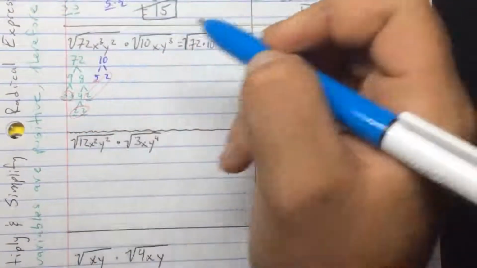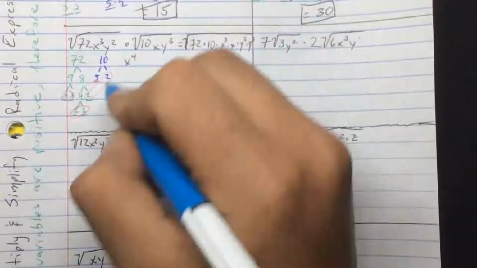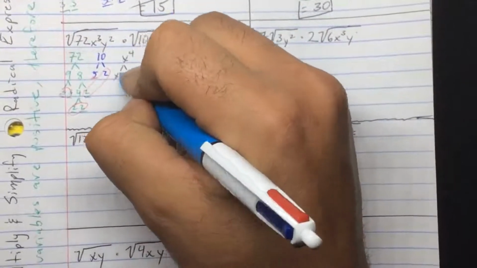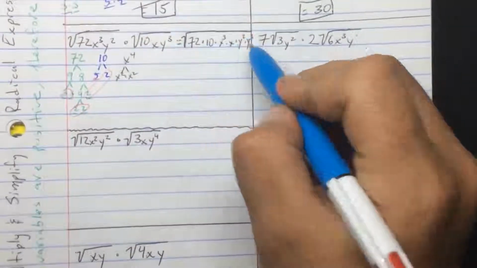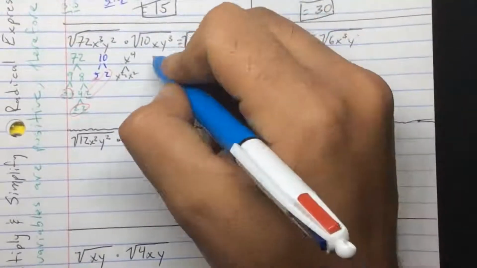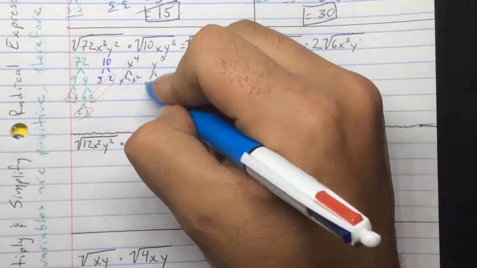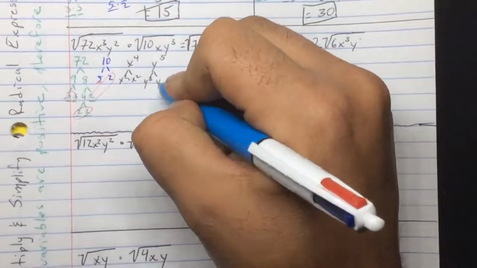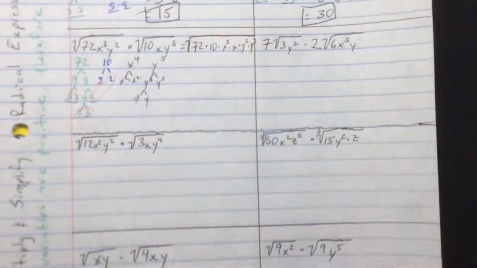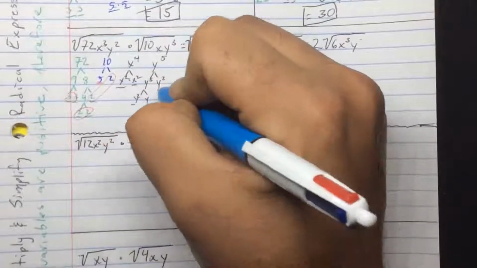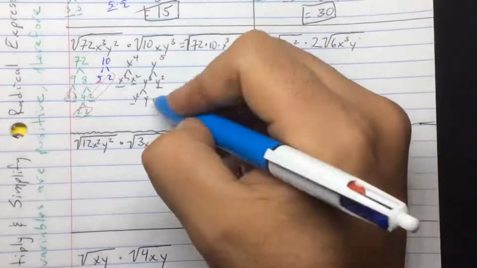So x cubed times x gives us x to the fourth, which can be broken down as x squared times x squared. Then y squared times y to the third gives us y to the fifth, which can be broken down as y squared, y squared, and y. So we're going to have 4 pairs, and then 1 by itself as well.